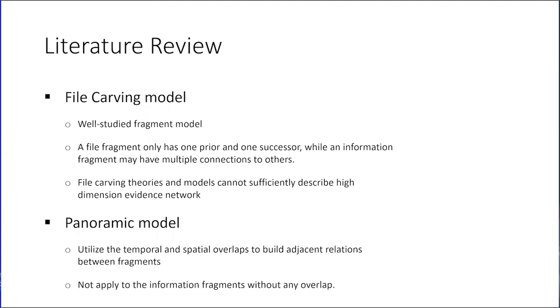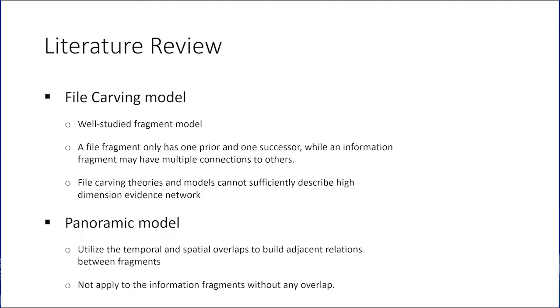And the panoramic model utilizes the temporal and the spatial overlaps to build adjacent relations between fragments. That means there should be some overlaps to be used. However, when we try to correlate information fragments in digital forensics, those information pieces may not have overlap.